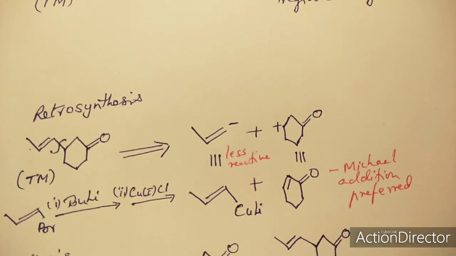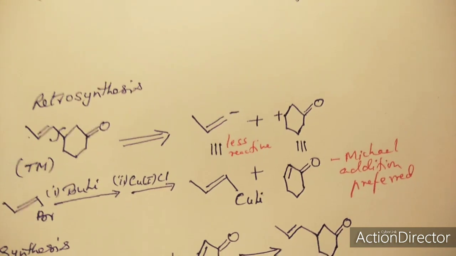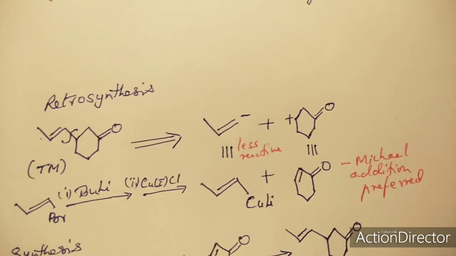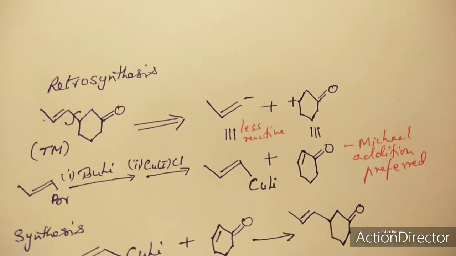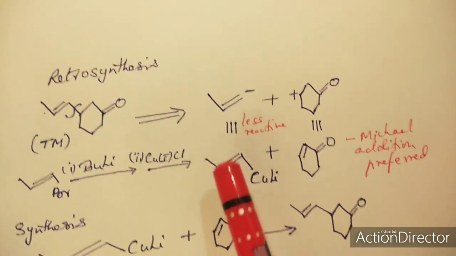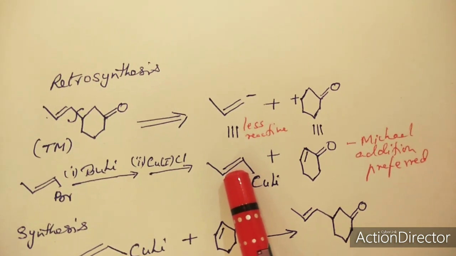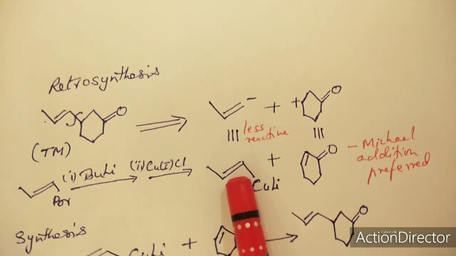And the other carbanion, now we know this carbanion, the vinyl carbanion, is very stable because of the s character. This is sp2 hybridized. Because it is stable, this will give us the thermodynamic product.